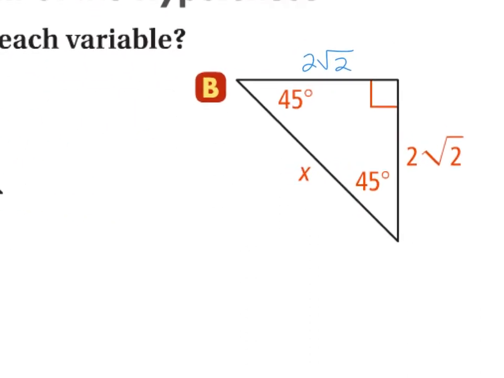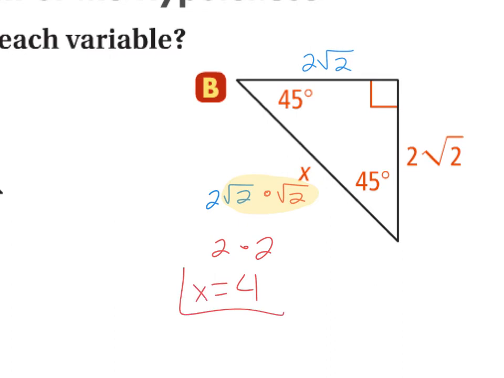So we have the leg length, in this case, it's 2 square root of 2. But don't forget to times it by the square root of 2. Okay, and now we're going to multiply our square roots. The square root of 2 times the square root of 2 is 2. So we're going to have 2 times 2, so x equals 4.